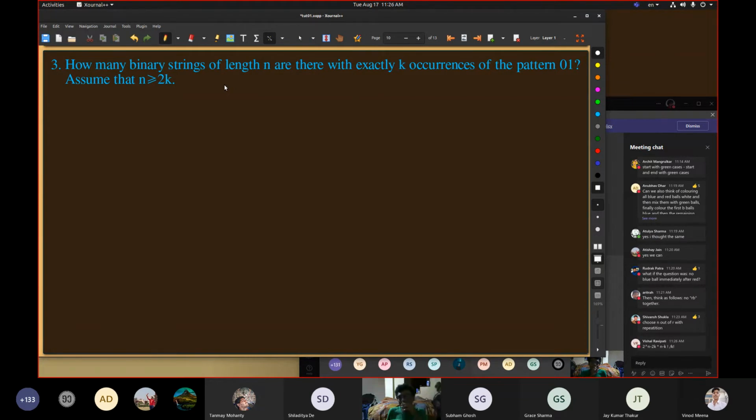Solve x1 plus x2 and so on up to x of k plus 1 equal to n minus 2k. This is a better way of looking at it, but there are some small issues. Sir, n choose 2k?